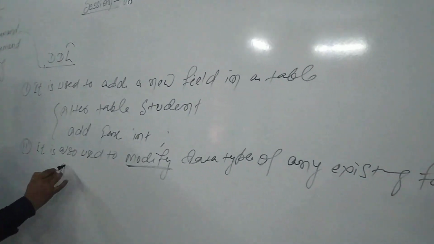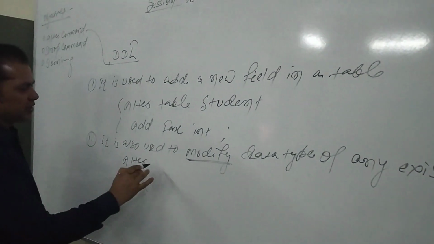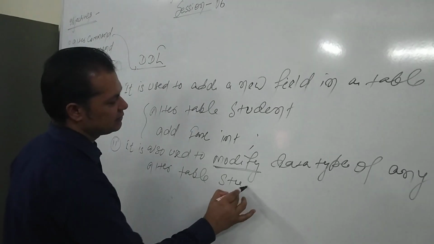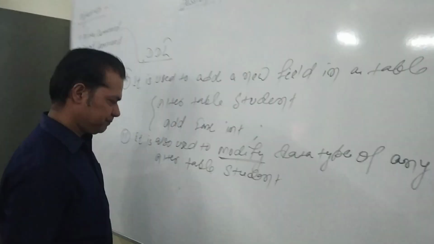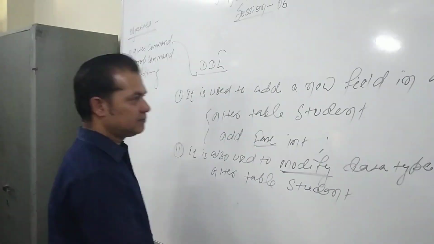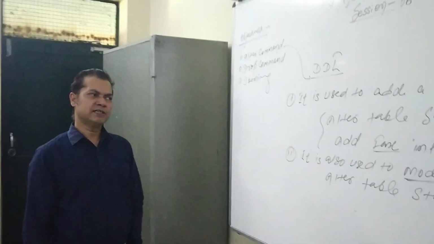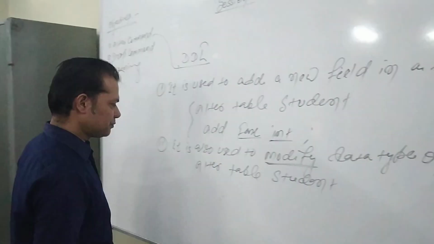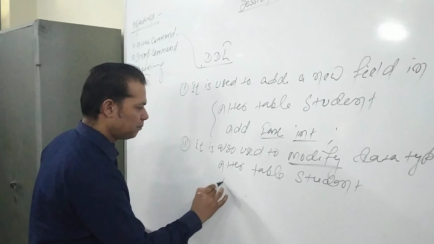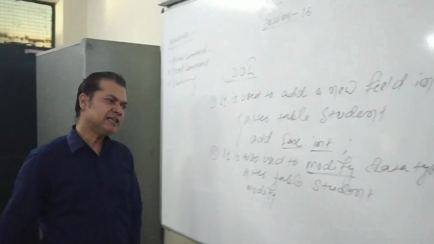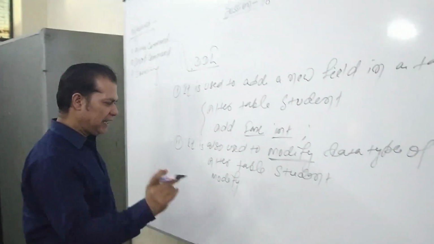So the command will be alter table, then the table name, and here in this example it is student. And suppose this facts that I just added in my previous alter command, I want to change this int into varchar. So I'll just write modify. Since I'm trying to modify, the command is alter table name modify.